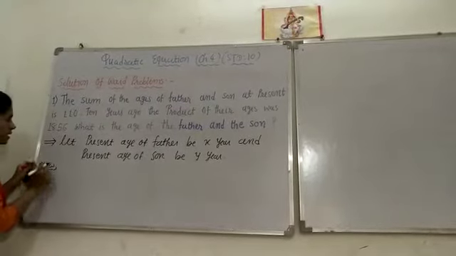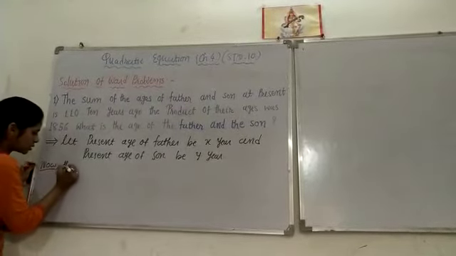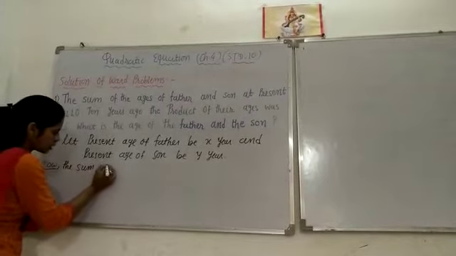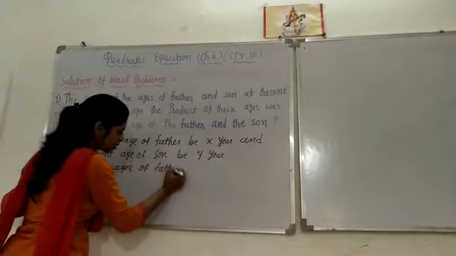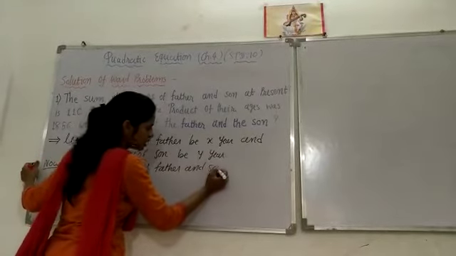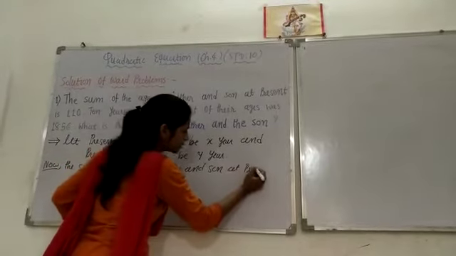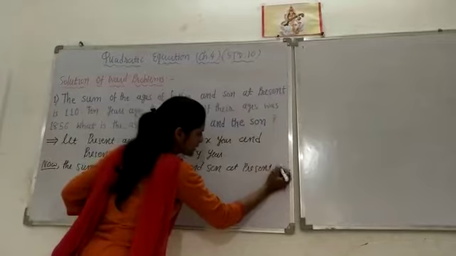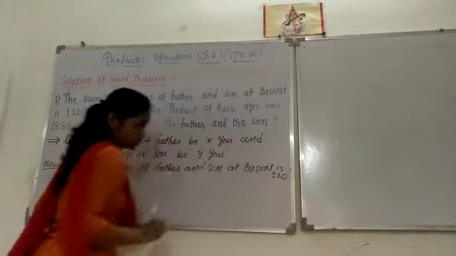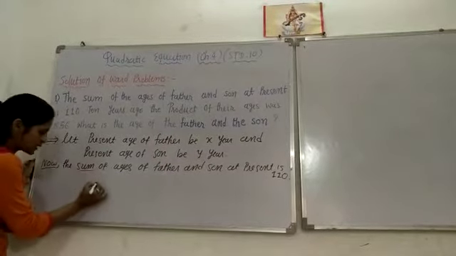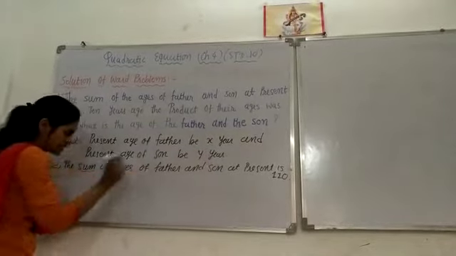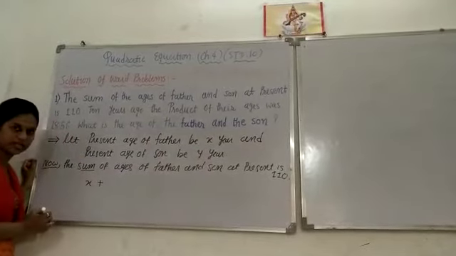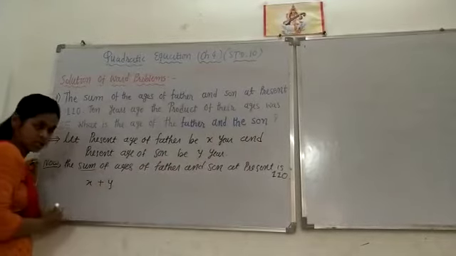So you should write here: the sum of ages of father and son at present is 110. Sum means addition. Present age of the father is x, present age of the son is y.